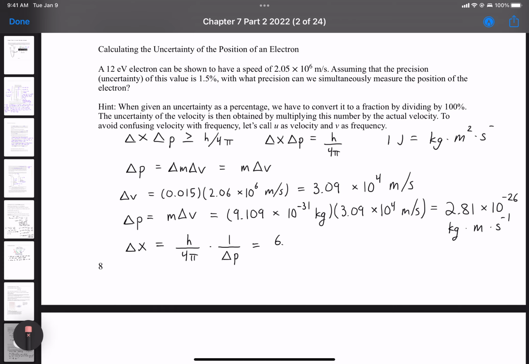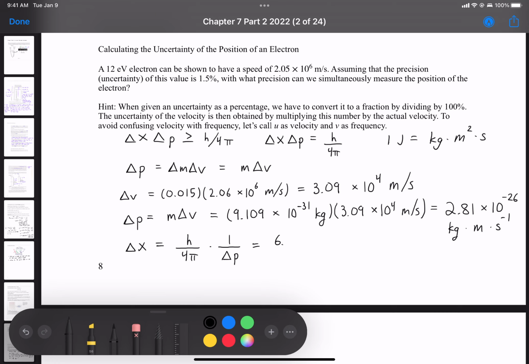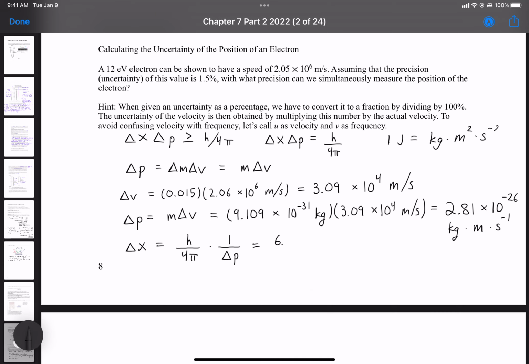Oh, sorry, it's per second squared. My apologies. Right here. So when we put in the units for Planck's constant, it's going to turn into this: 6.626 times 10 to the negative 34 kilograms meters squared per second.